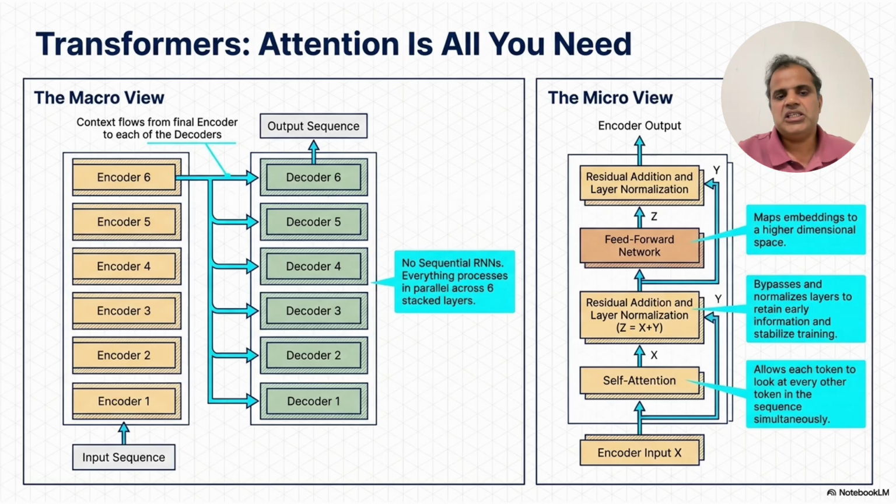Self-attention allows each token to evaluate every other token simultaneously. This passes through residual connections and layer normalization to prevent gradient decay and goes into a feed-forward network to project embeddings into higher dimensional space, drastically optimizing training speed.